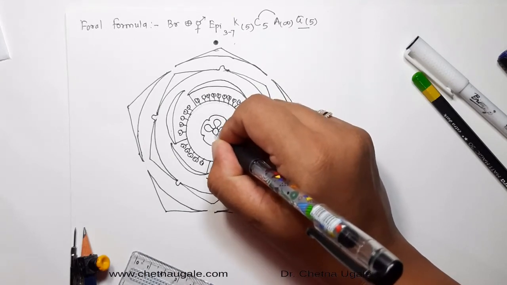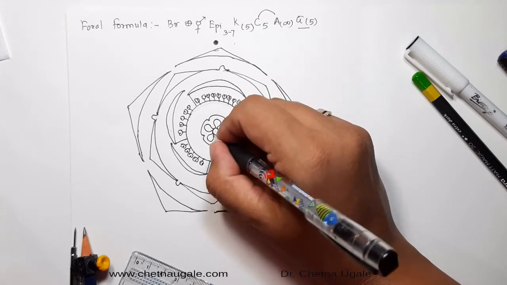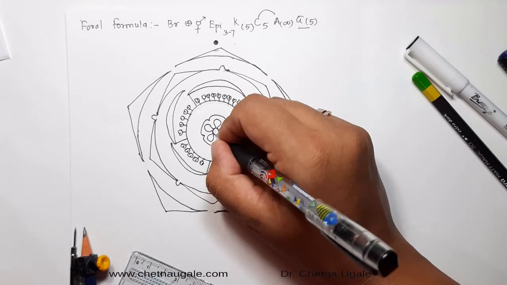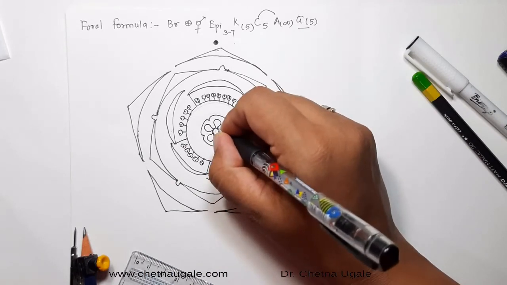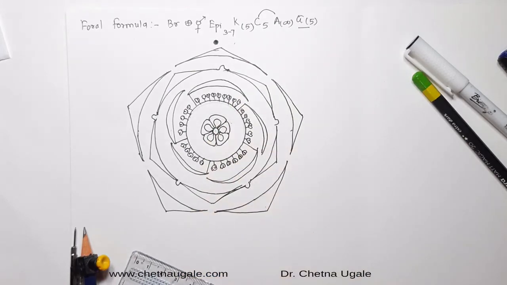The placentation in the case of the Malvaceae family is axile placentation. So we are going to draw each ovule in each locule. So this is the floral diagram of the Malvaceae family.